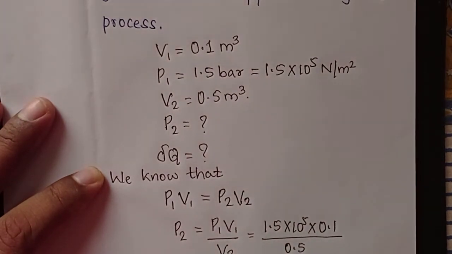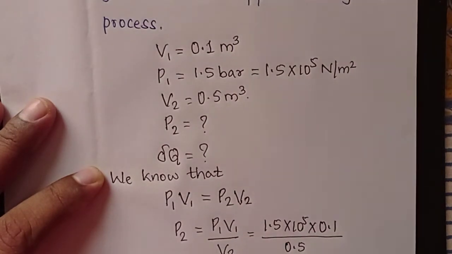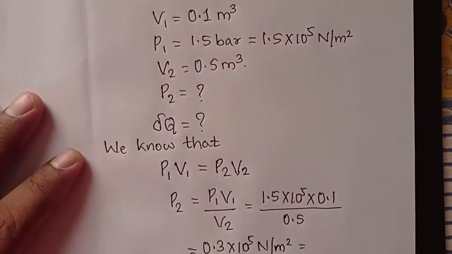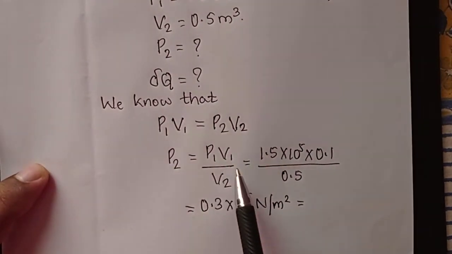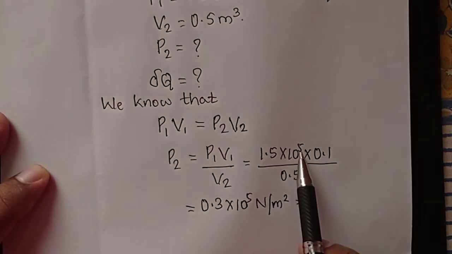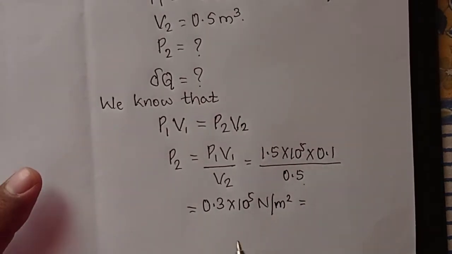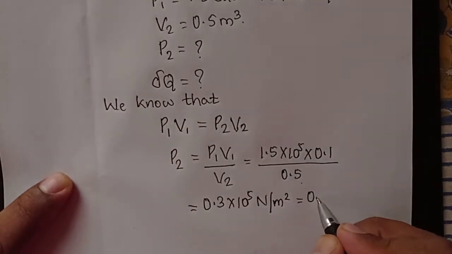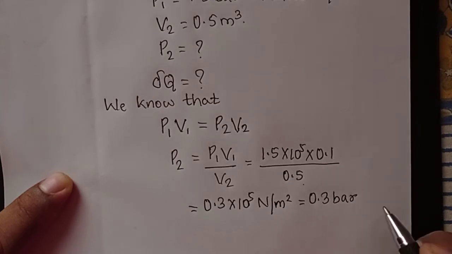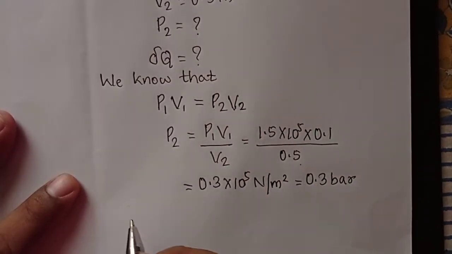So P1 is 1.5 into 10 to the power 5 Newton per meter square, and V1 is 0.1 divided by 0.5. So you will get P2 as 0.3 into 10 to the power 5 Newton per meter square, or 0.3 bar. Upon getting the value of P2, let us find out heat supplied.